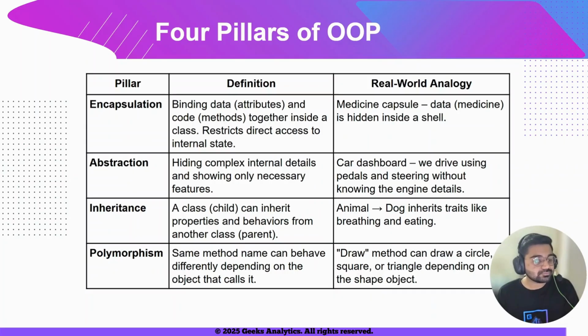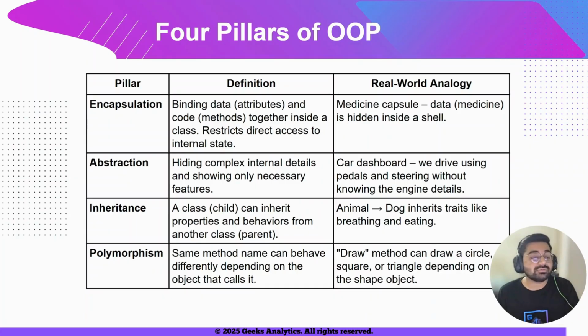You can think of it like, let's say, you have a medicine capsule, and the medicine is hidden inside the shell so that the content is not spilled out, or does not worsen due to the outer conditions.